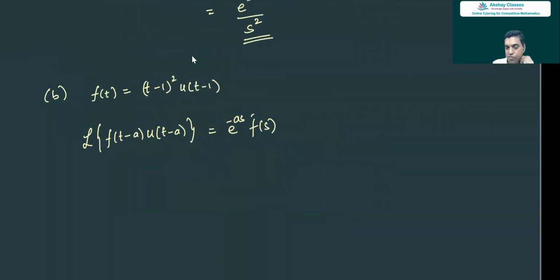That means Laplace transform of t square, where f bar of s is Laplace transform of f of t. Now, which f of t? Not this particular f of t. So this is Laplace transform of t square, not t minus 1. So you should remember this.